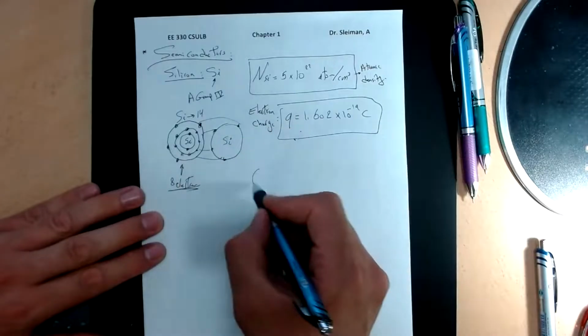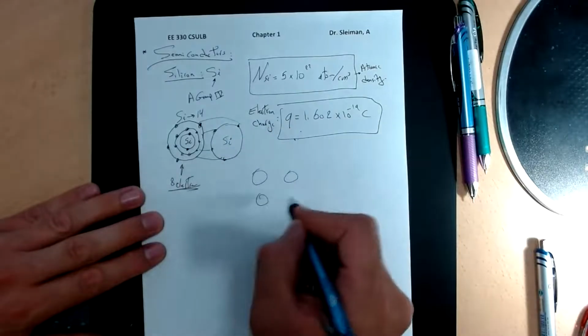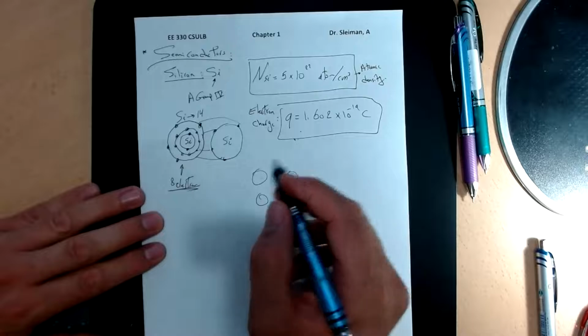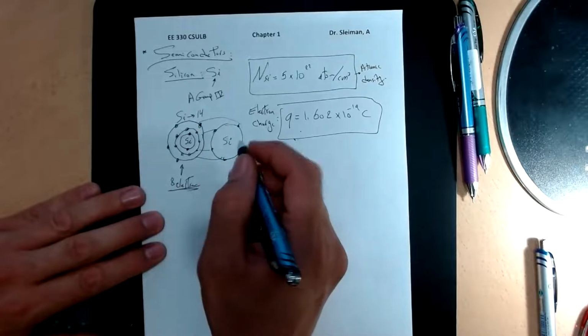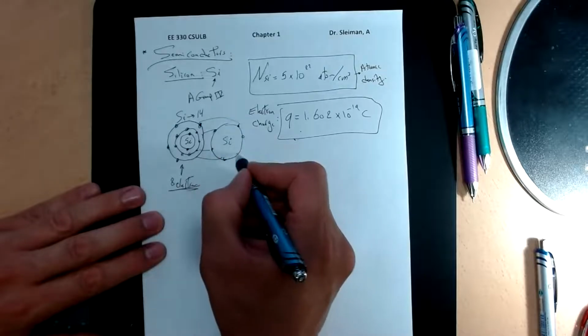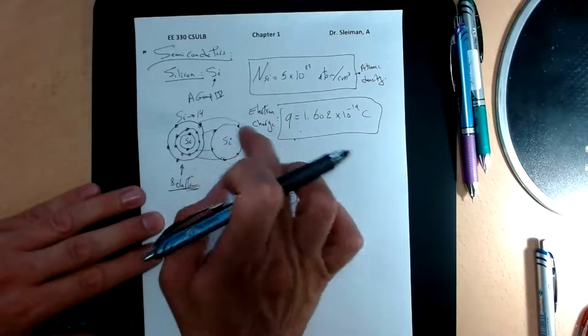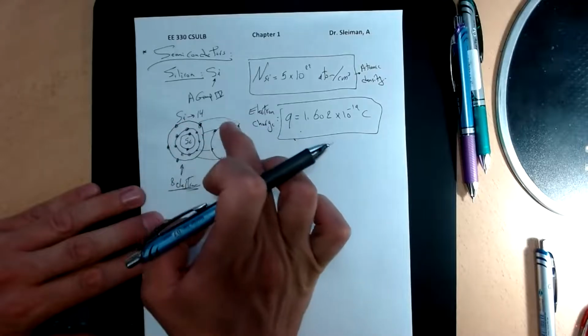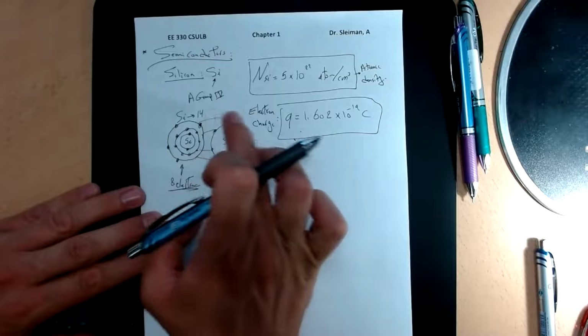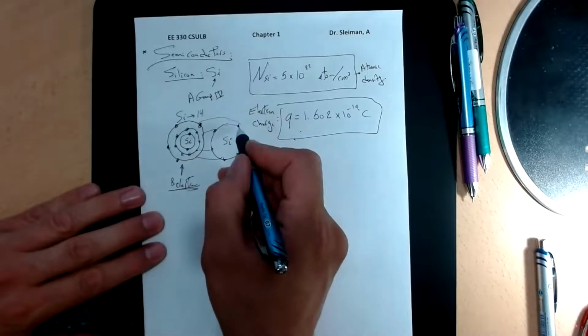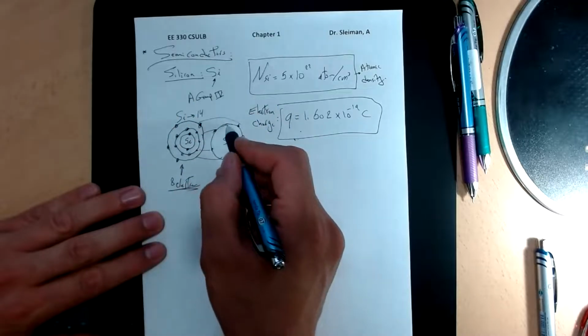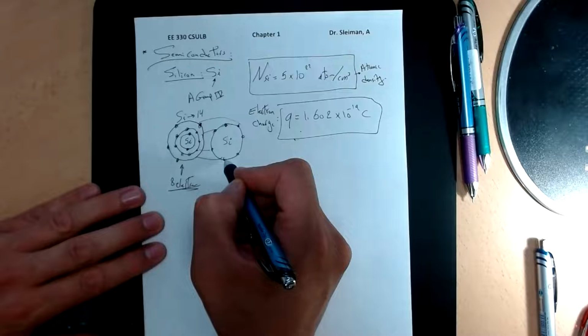So if we have one silicon here, let's say all of them connected together. To satisfy this one, to complete it, it needs to have 8. So it will get 4 from here and 4 from here. They will share. So by sharing, this one will have 8 electrons to satisfy the valence shell.